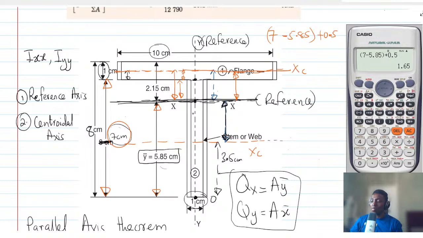Okay, so it's actually 2.35. That's very good. So you just subtract.